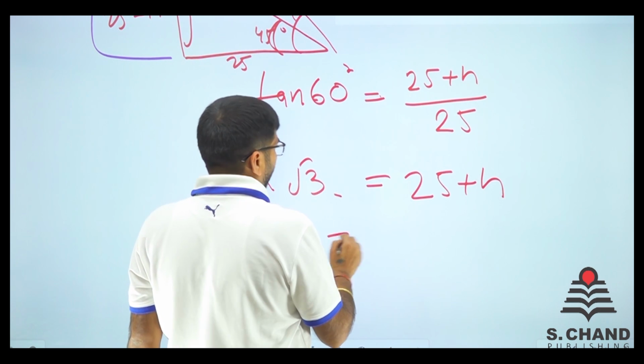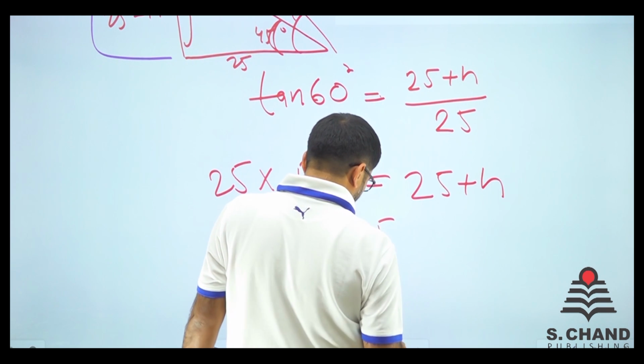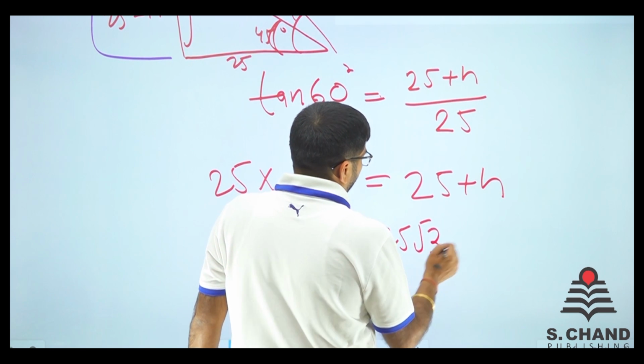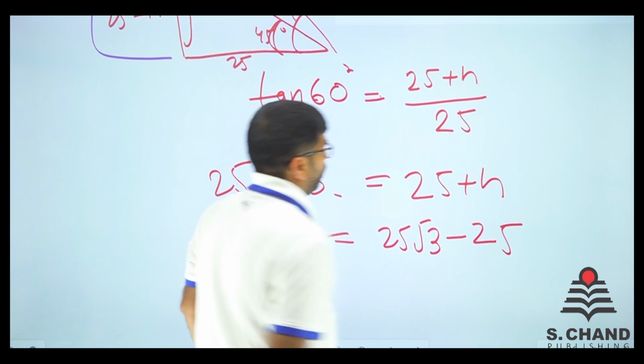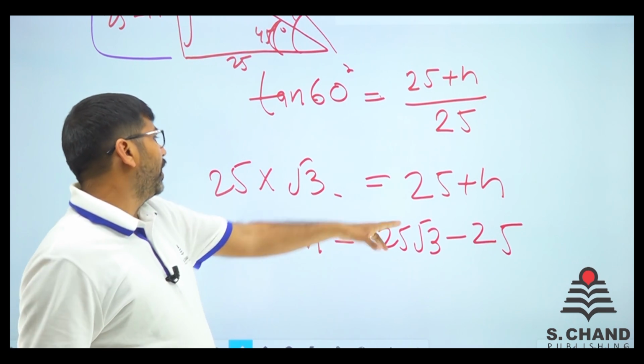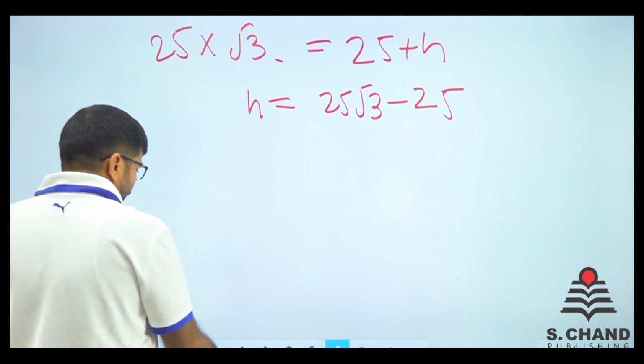So h is equal to 25 root 3 minus 25, because this 25 will go here. Let's see what exactly h is.